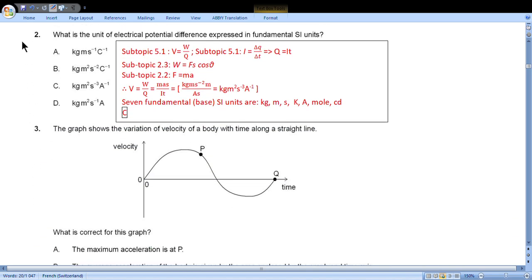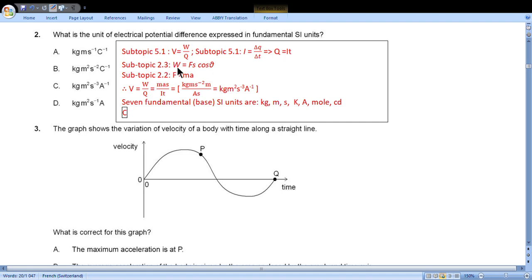Question 2. What is the unit of electrical potential difference expressed in fundamental SI units? The 7 fundamental or base SI units are kilogram, meter, second, Kelvin, ampere, mole, and candela. Subtopic 5.1 gives us the formula V equals W over Q. Current equals charge over time, or charge equals current times time.